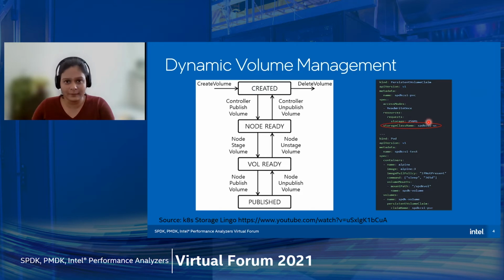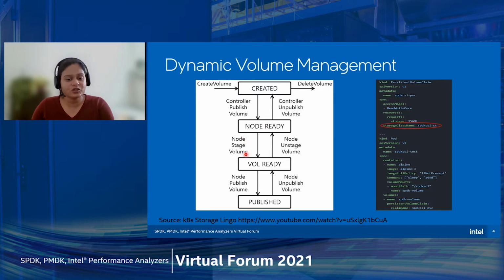Persistent volume claim, PVC, is a request for storage by a user. PV and PVC are a way of matchmaking. Admin advertises what's available with PVs, and a developer or application makes requests with the PVCs. So here, the controller publish volume RPC exposes the provisioned volume so that the node can access it.